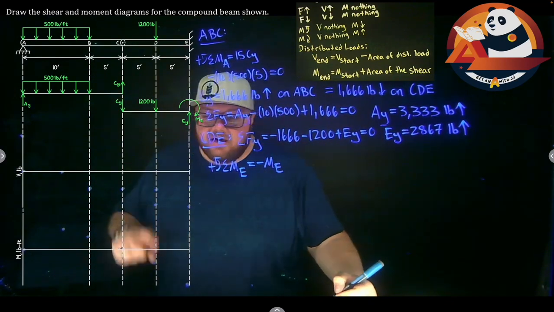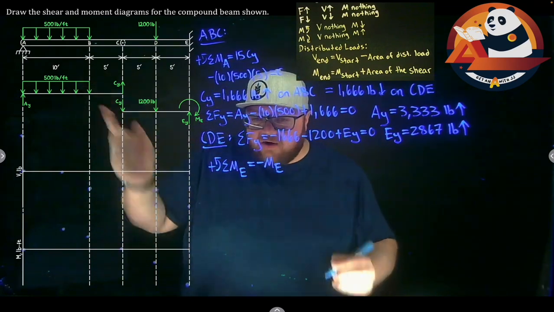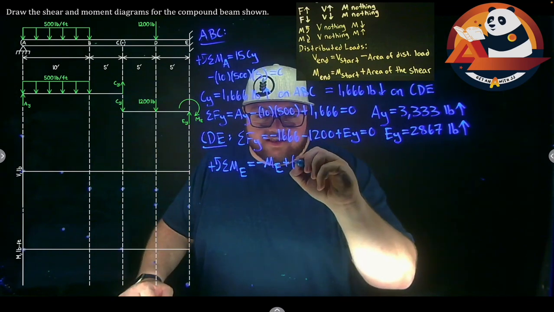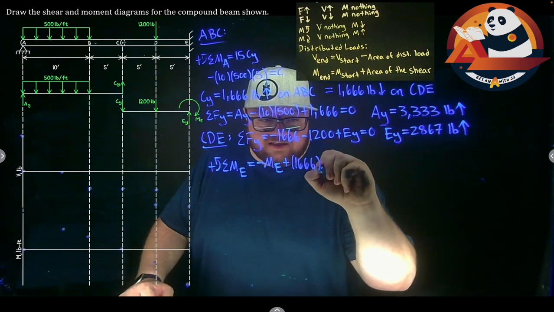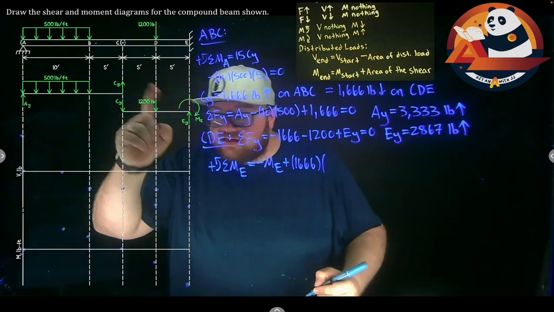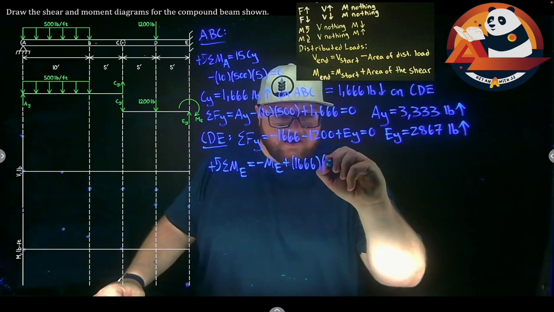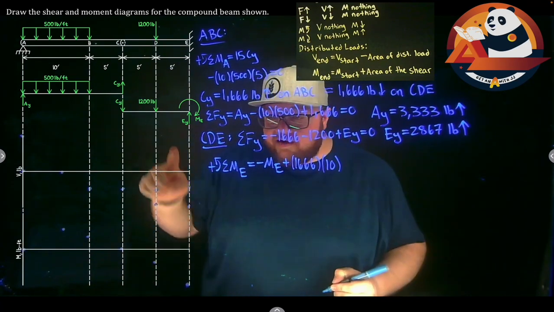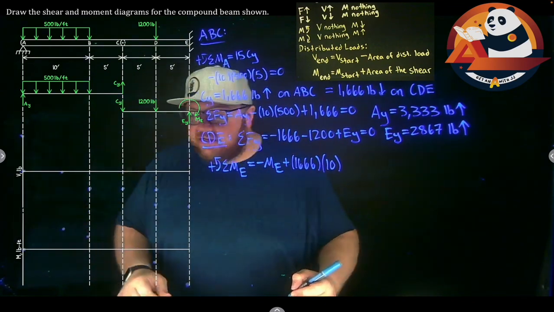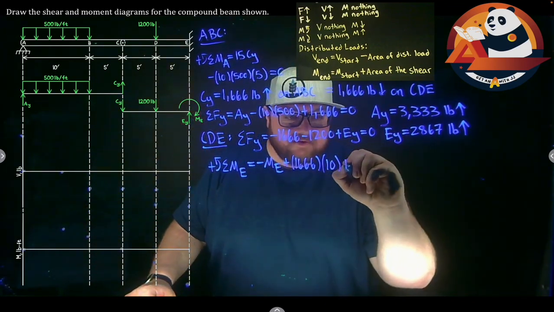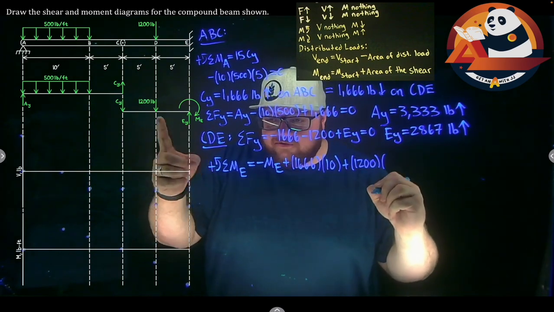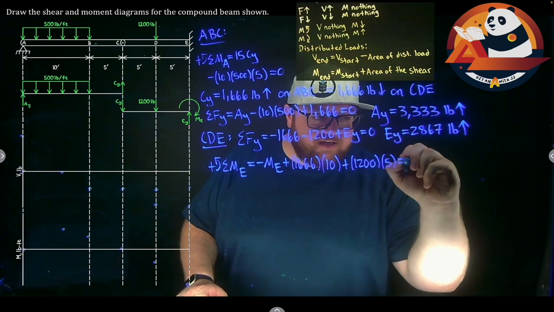My CY will cause a counterclockwise rotation, so plus CY, which is 1666, times my distance all the way here, 5 plus 5, 10. And my 1,200 will cause a counterclockwise rotation, so plus 1,200 times my distance, just 5. And that should get us to 0.